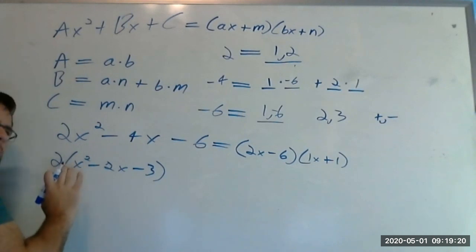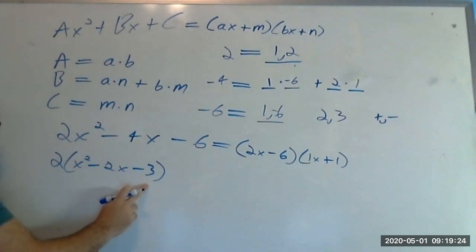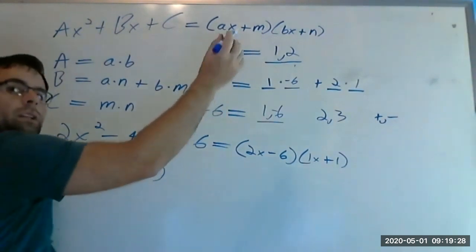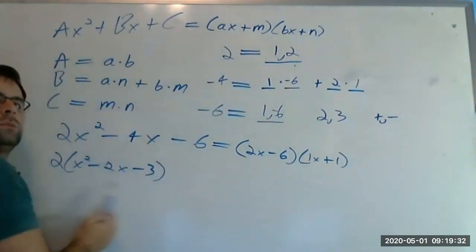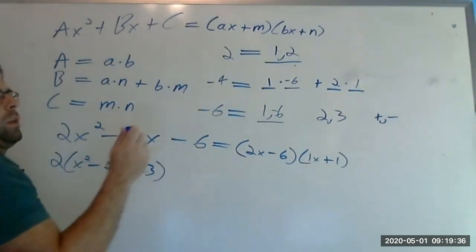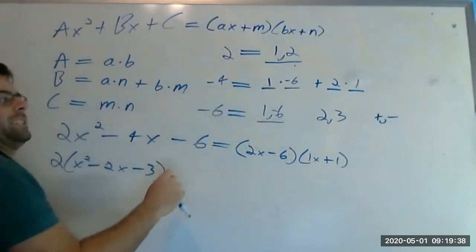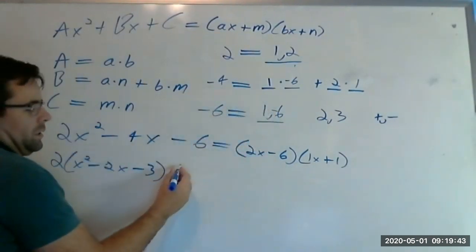And this is much easier to factor, because we know that this can only be 1 and 1 for this one. And what that does to this is it makes it just this number plus this number.